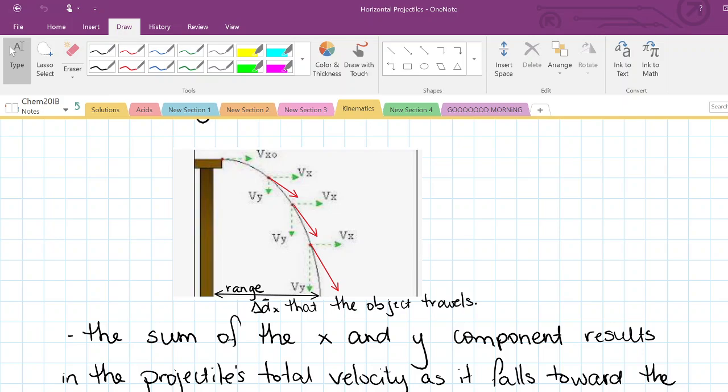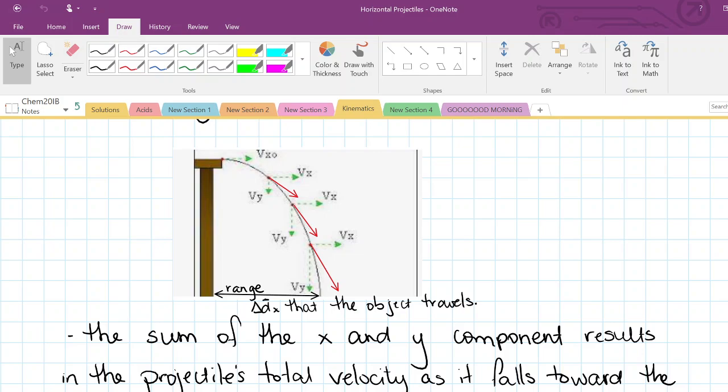So when we say this object is falling, we don't say it's falling at 0.5 meters per second in the y direction, or it's falling at 2.3 meters per second in the x direction. We never break velocities into components like that when we state that an object is moving.